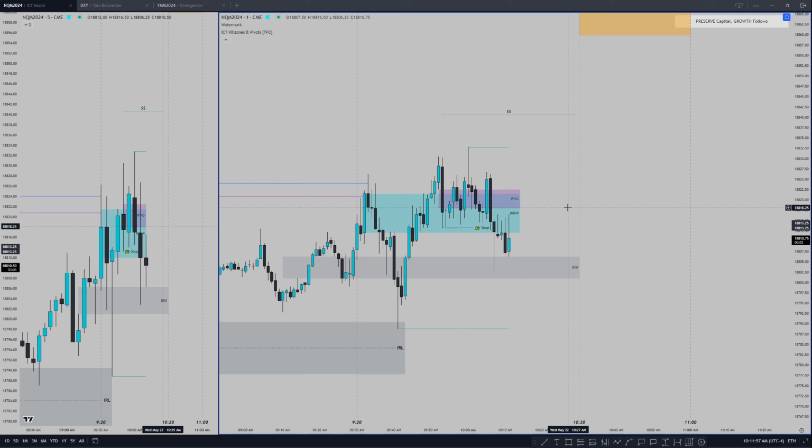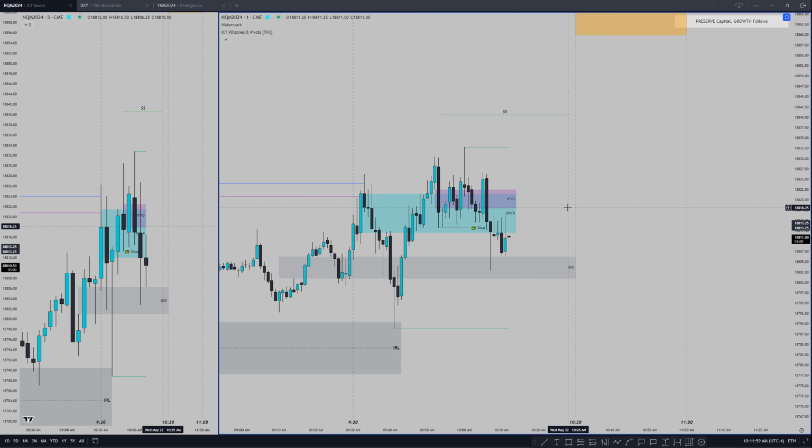So if you make the best decision with all the data that you're given, and then it maybe runs further, like you move your take profit to 20 points, it tags it, and then it goes to your original target, you can't beat yourself up over that because it was the best decision at that time.